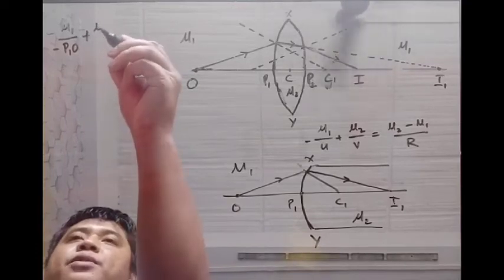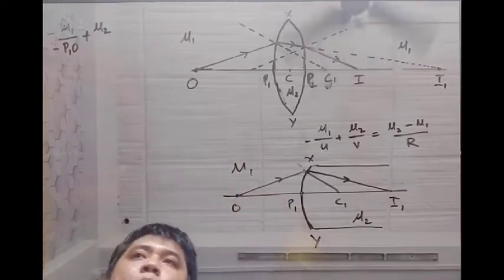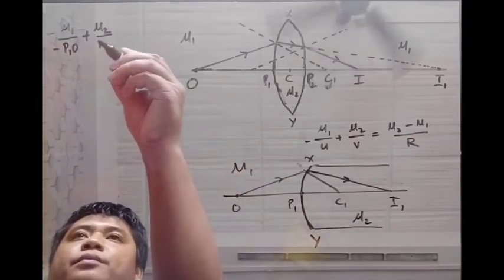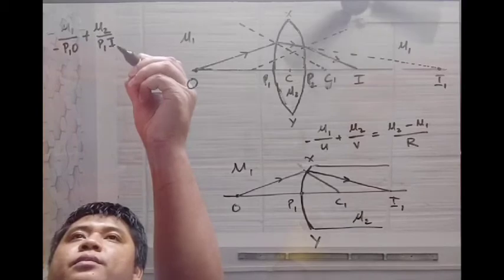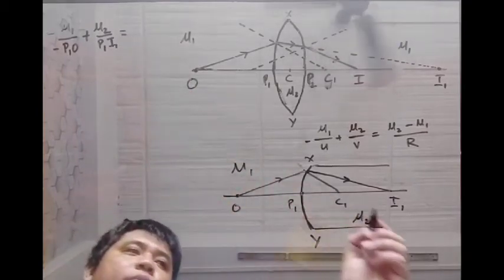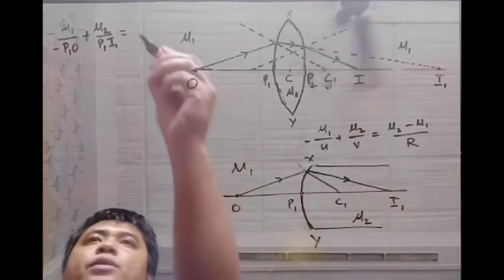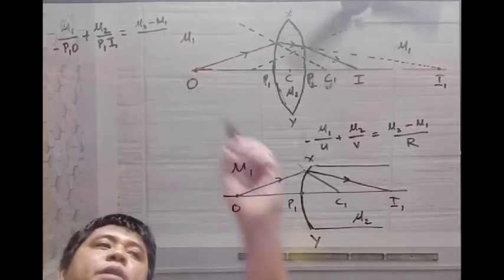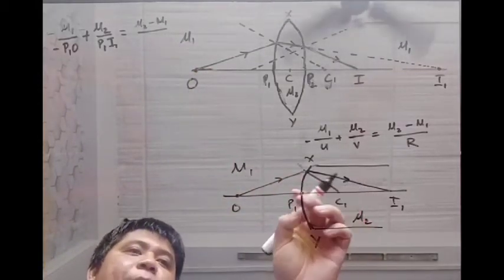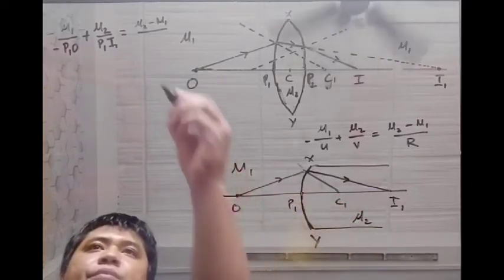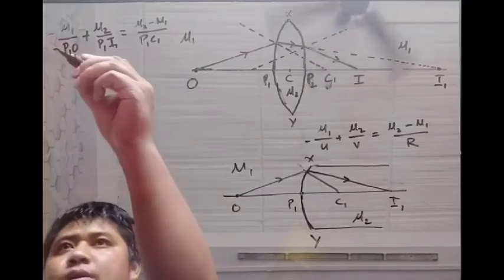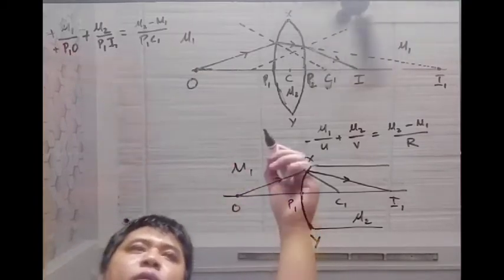Plus mu2 by v, v is P1I1. And mu2 minus mu1 divided by the radius of curvature, which is positive, P1C1. Negative and negative cancel.